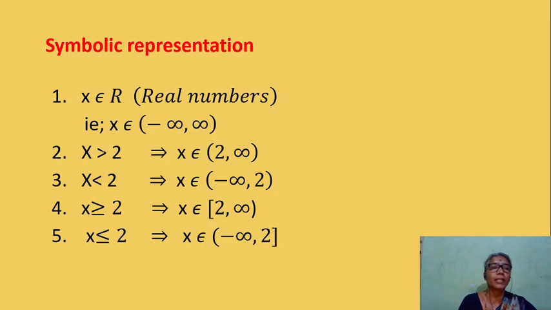Suppose I take x greater than 2; we write x belongs to (2, infinity), which is open at 2 and open till infinity. x less than 2 implies x belongs to (minus infinity, 2). x greater than or equals to 2 is closed at 2 and open at infinity, [2, infinity). And x less than or equals to 2 implies open at minus infinity and closed at 2.